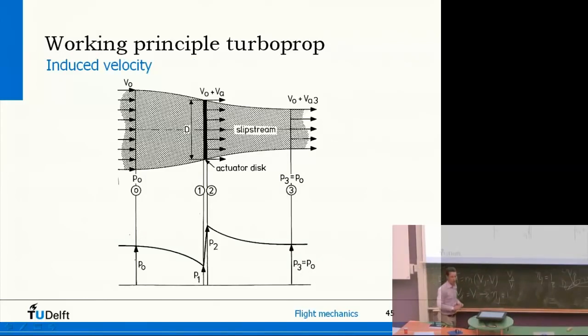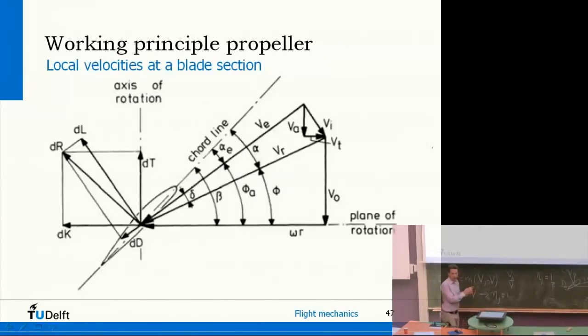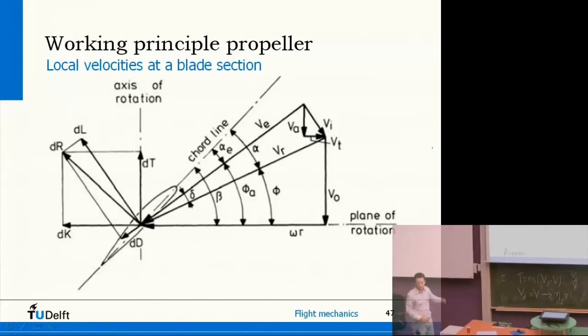One thing you have to be aware of is that this picture I've drawn here isn't completely true, because the air is actually accelerated through the disc. So the airflow at the disc of the propeller is a bit higher than the actual airspeed of the vehicle. So if you make the full picture, and I don't say you have to do this yourself, this is just for information, then there is an additional velocity, Vi, which is because air is going a bit faster through the propeller, so this affects the angle of attack a little bit.